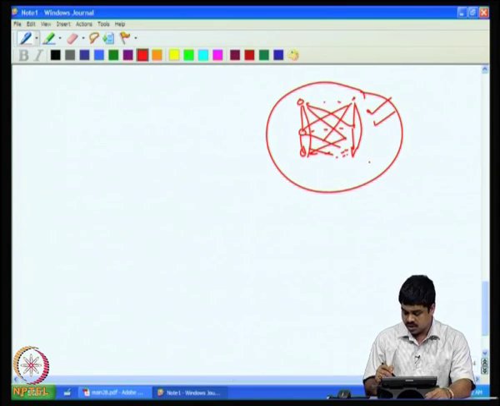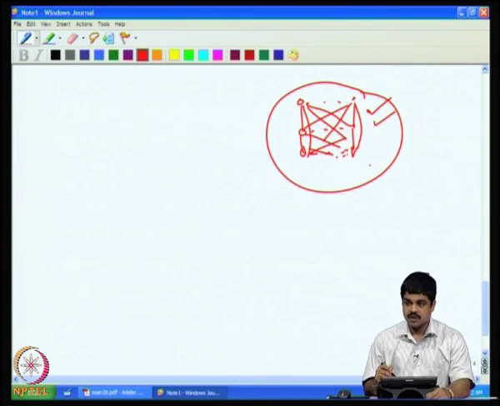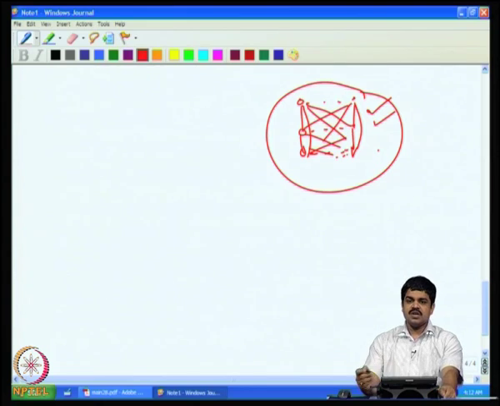Now we will ask whether it is possible to have graphs which cannot be represented as the intersection graph of axis parallel cubes in 3 dimensions. It so happens that there are still graphs which cannot be.